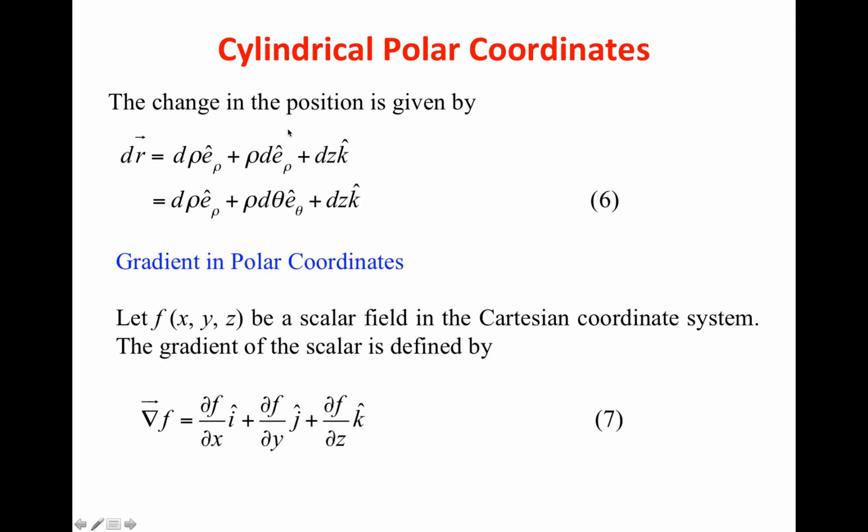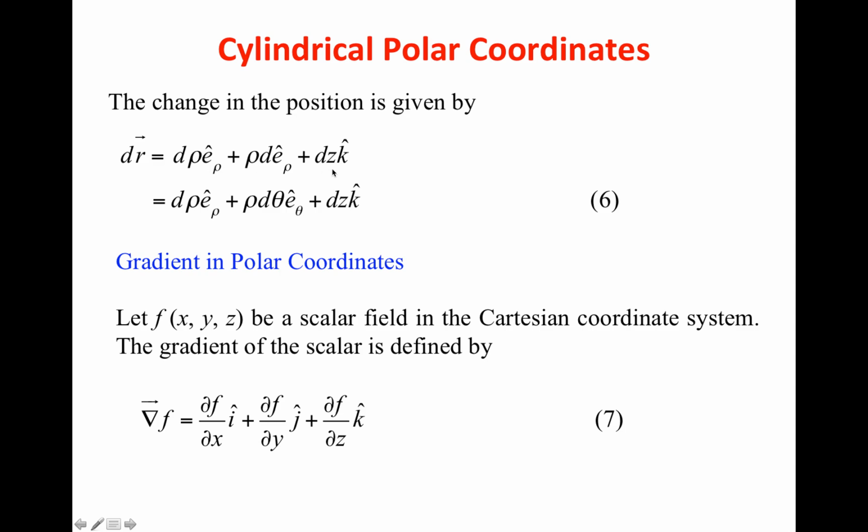Geometrically this can be verified easily, but we are also concerned with what the change in the position will be. The change in the position is the change in this position vector r. We apply the product rule here, and again, as I mentioned before, be very careful that in this case the unit vector e_rho cap is not a constant.